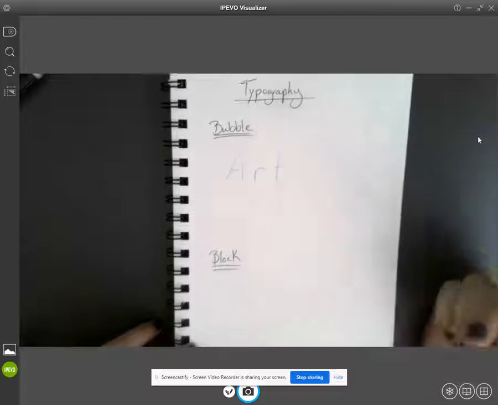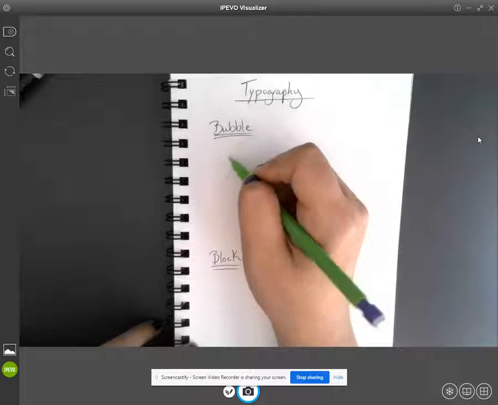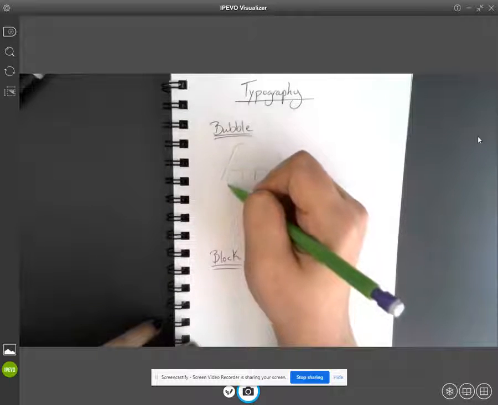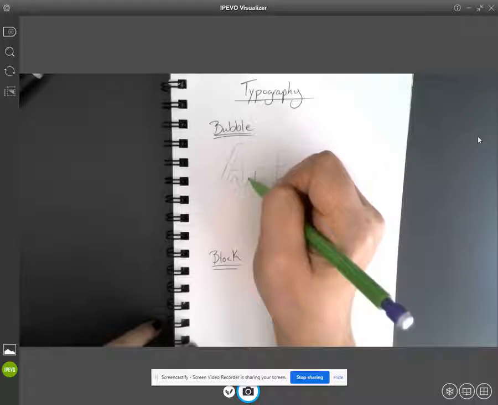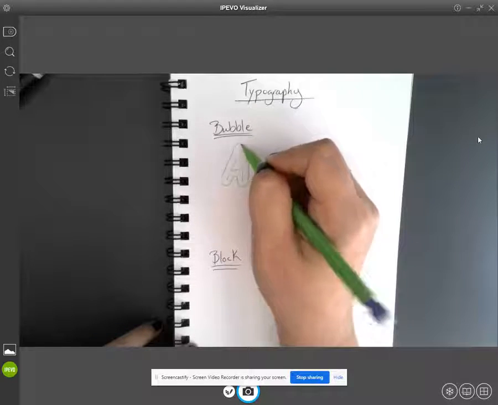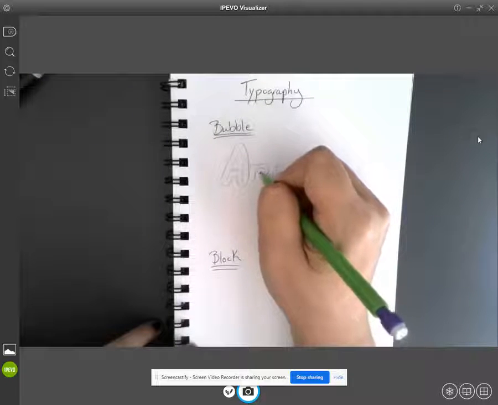Okay, now here's the cheat that makes bubble letters much easier. If you trace around your letter, and anywhere there's a point, you put a curve, you can create a bubble letter with very little effort. Just trace around it.